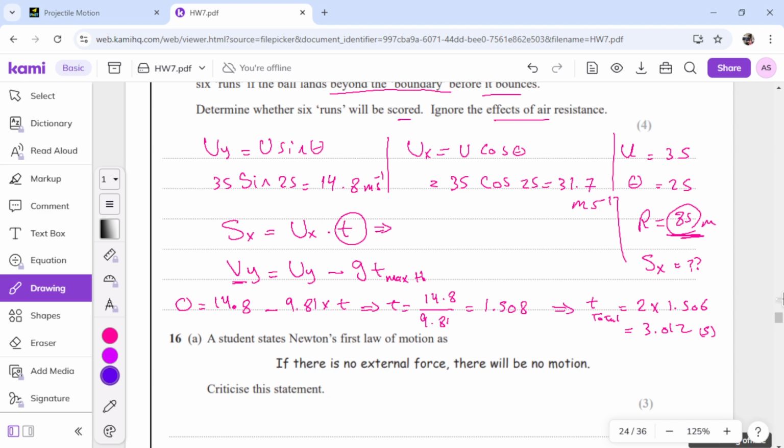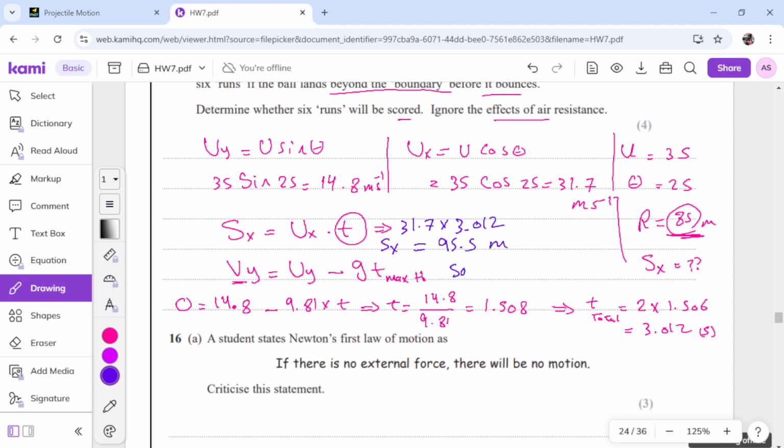It will be Ux, which is equal 31.7 multiply 3.012. So now Sx, horizontal distance moved, I have to use my calculator again, multiply 31.7, it will be 95.5 meter.